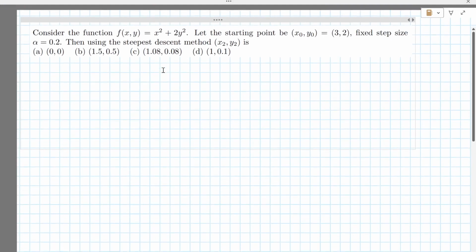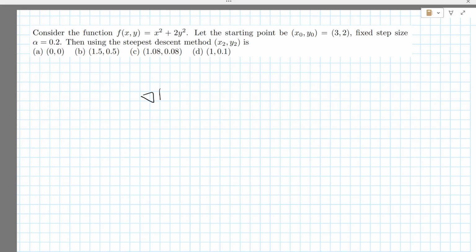Take the derivative of this, steepest descent. So 2x and 4y are the derivative of the function. At (3, 2), it is equal to 6 and 8.